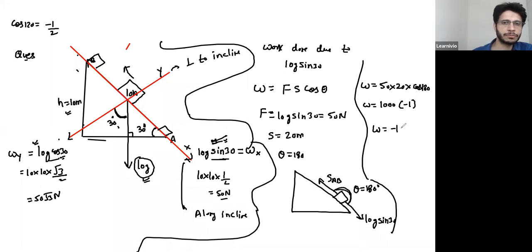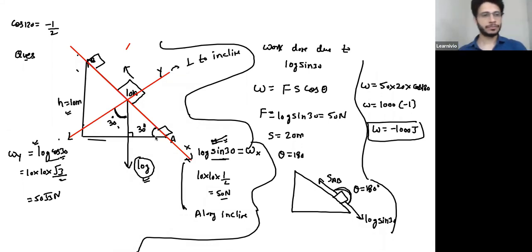So work done is minus 1000. This is the work expression. Both the methods are identical. First and second method, you are getting the same result. The first one was easy. This is a bit lengthy, but you should know this resolution. Without this resolution, you will get stuck in questions of inclined plane.